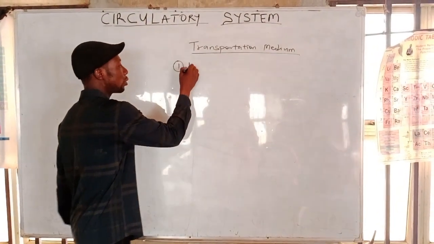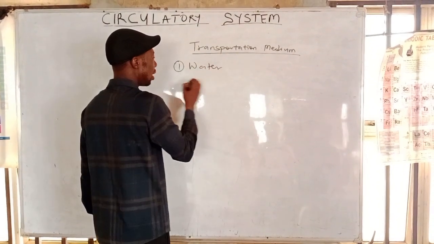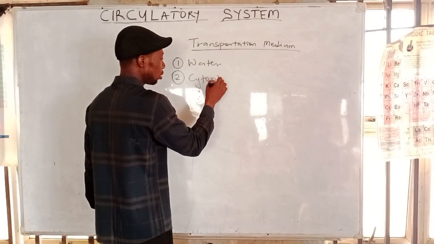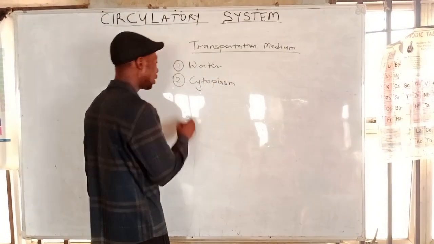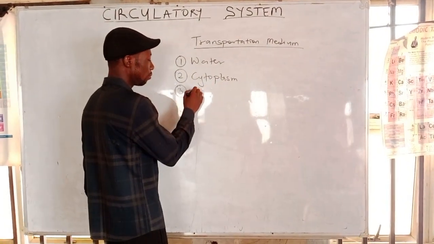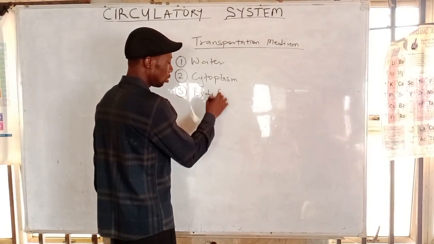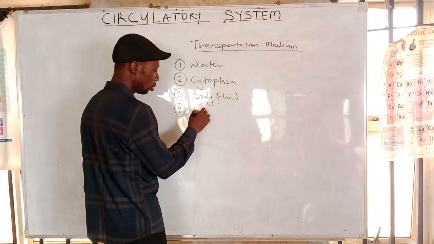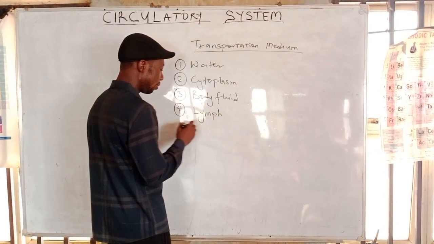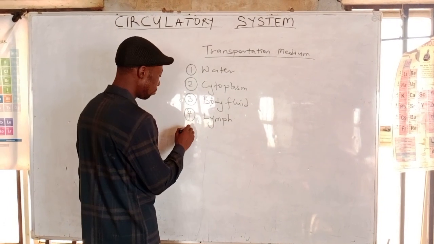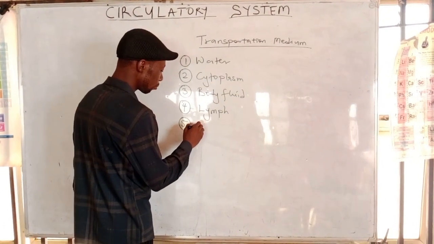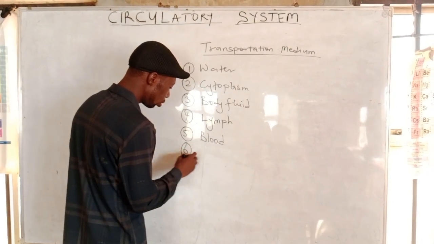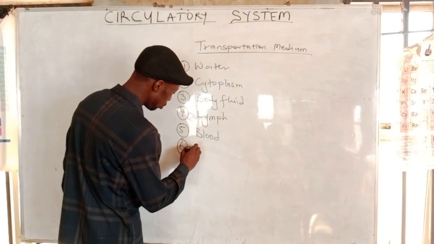Number one, here we have water as a fluid medium. Water should be present. Here we have the cytoplasm, the body fluid, lymph, that is the lymphatic system, blood, that is the body fluid tissue.